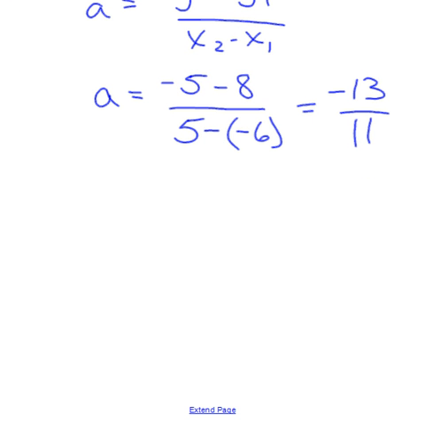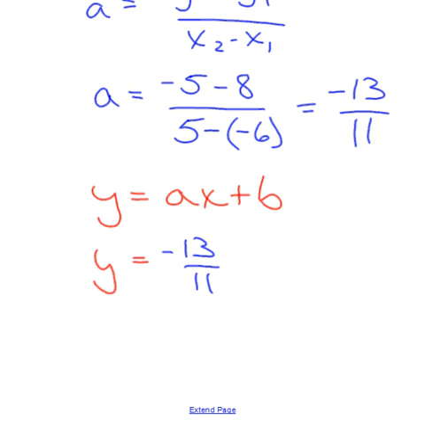So now the next step is to write down the general form of the slope-intercept form of an equation. So that's this. And then we're going to plug in what we know. So what we know so far is that the A is -13/11.